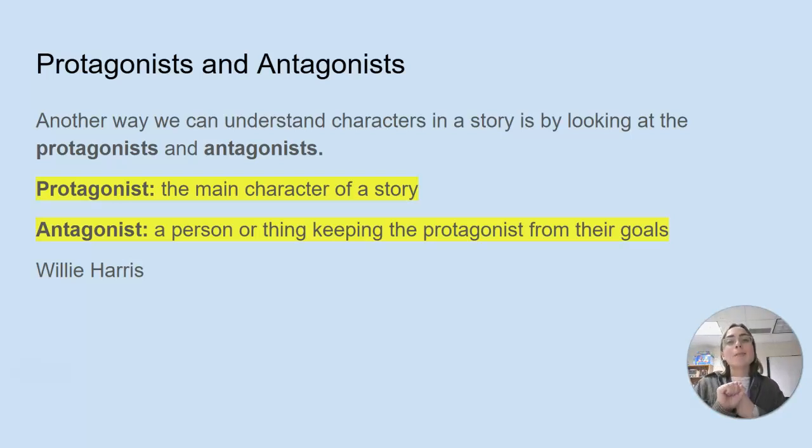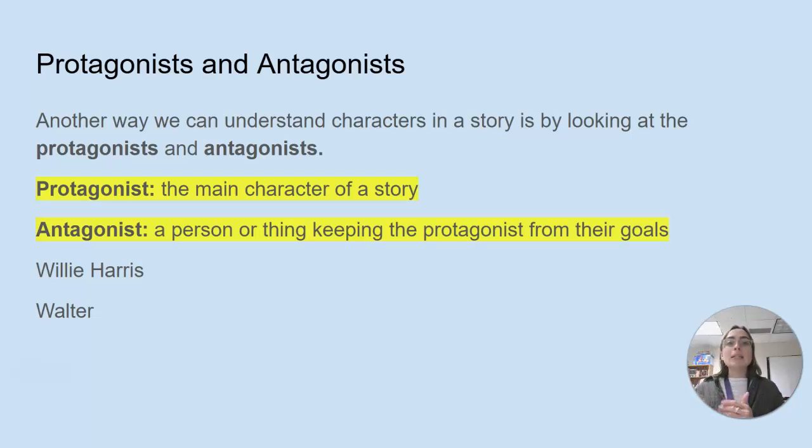Willie Harris, remember that was the character who stole all of the money when Walter wanted to invest in the liquor store. So Willie is clearly an antagonist because he took the money, he kept Walter from achieving his dream of the liquor store. We can also think about the character of Walter himself as an antagonist because remember, he's the one that invested the money and then lost the money.